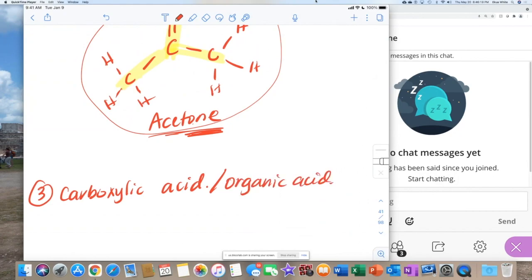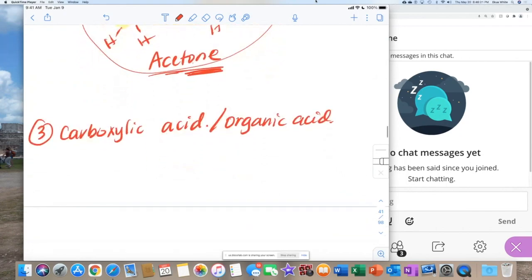And with these acids, what we're looking for, once again, is that carbonyl functional group. And to the carbonyl functional group on one side, it can be left or right, you have an OH attached to it. So it looks like a combination, a remix of carbonyl and alcohol. But together, this combo is called a carboxylic acid.